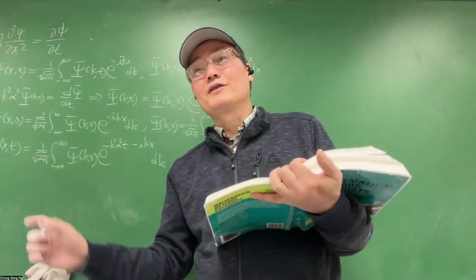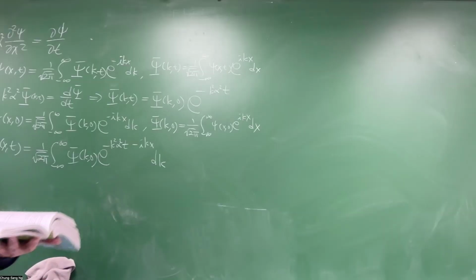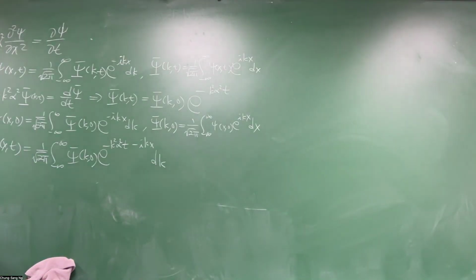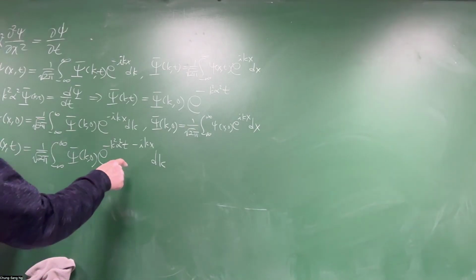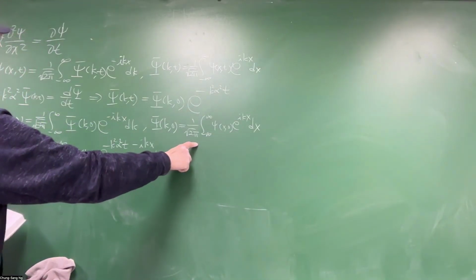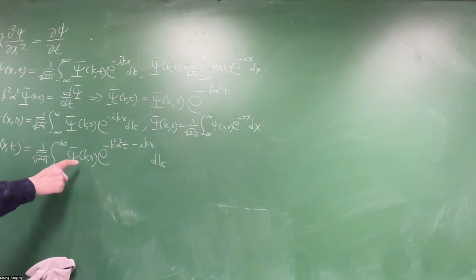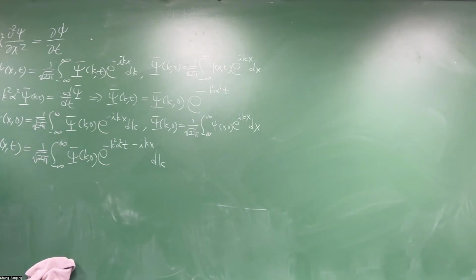You need to figure out the coefficient, and the coefficient depends on the convention also. But generally it is Gaussian. So whatever is the initial condition of psi, you put in the Fourier transform integral and get the initial condition on capital psi, put it in here, then do the integral and that will give you the solution. All right, so that's the process, and that looks like a general formula.